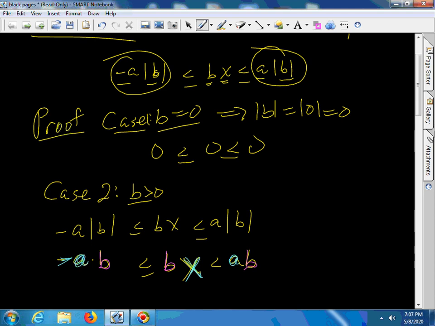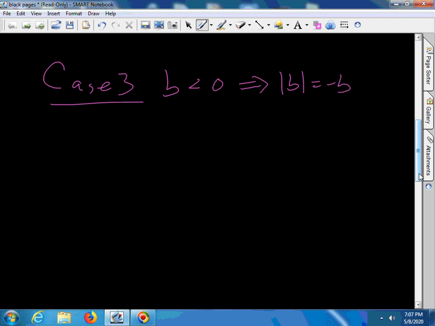So now, let's look at case 3 where b is less than 0. Case 3. b is less than 0, which implies that the absolute value of b is negative b. So what we have is that x is in between negative a and positive a.